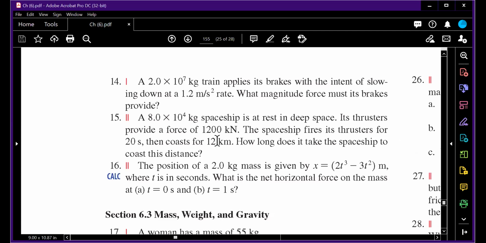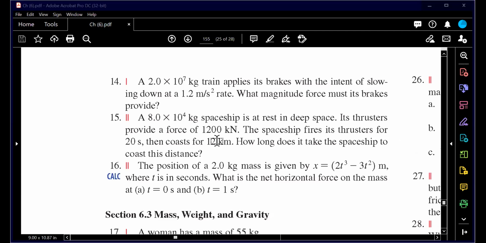Let's set this problem up, because this is a good one that actually combines kinematics with dynamics. It's really worth discussing because that's the whole point of force. So let's do the problem first. Problem 6.15. Draw a picture.